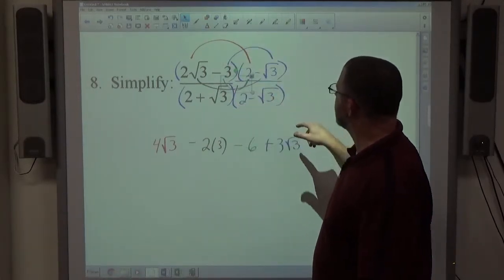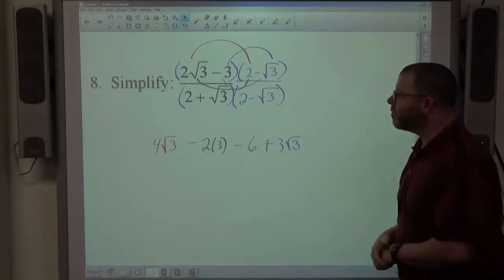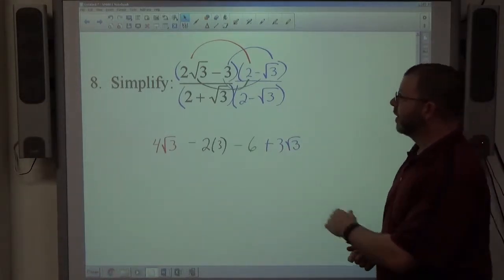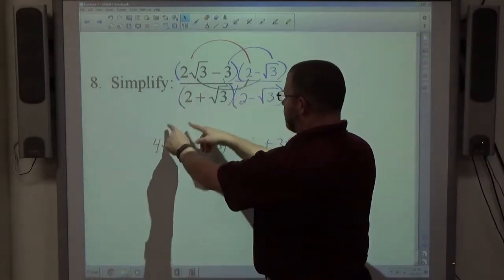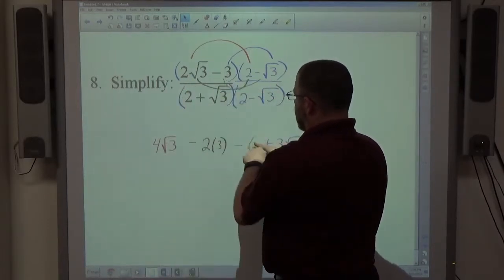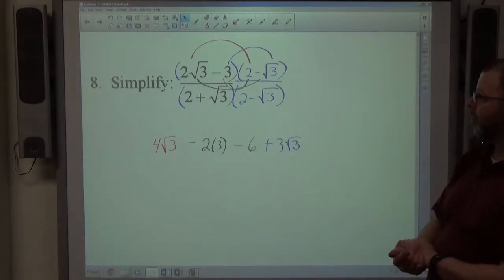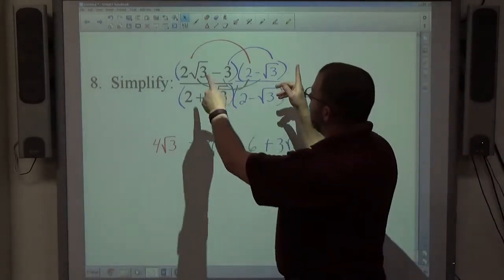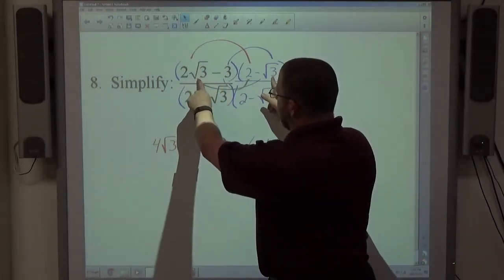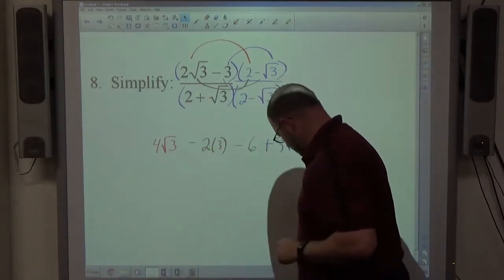That looks better. Alright, so just like that we did FOIL, and again, a positive product, a negative product, a negative product, and a positive product, and I multiply the whole number times whole number, radical times radical. When the radicals are the same type, you get a nice whole number out.